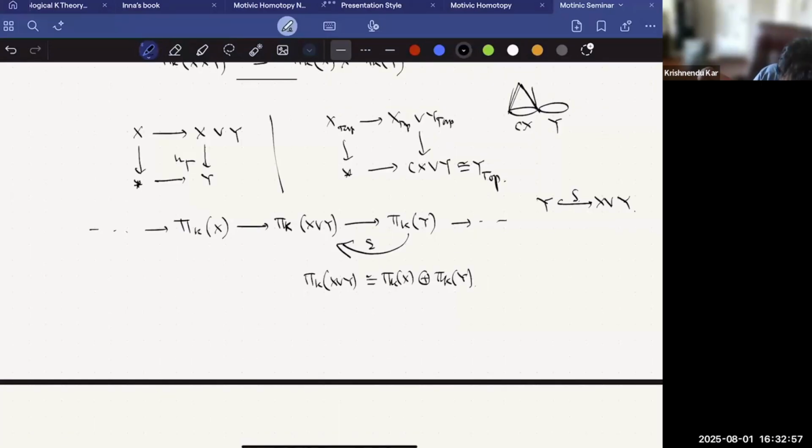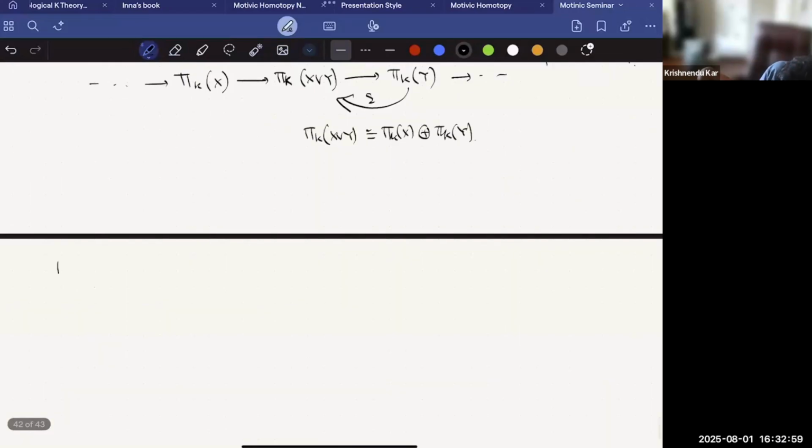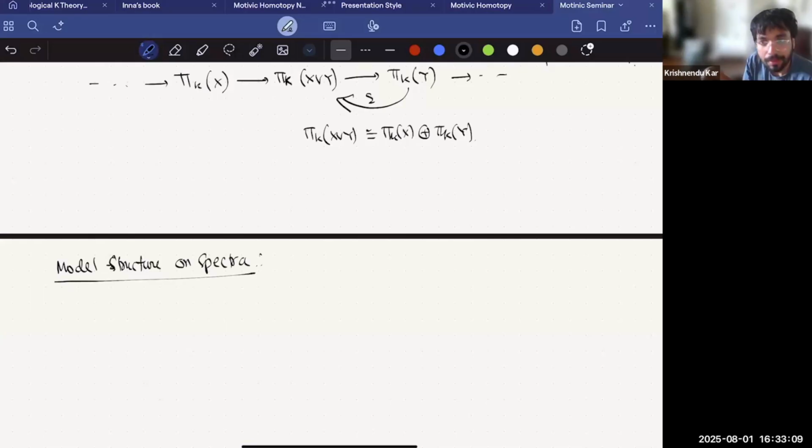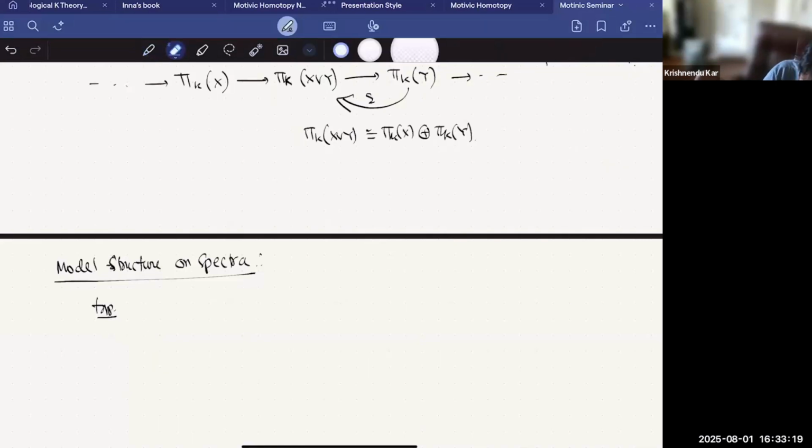And I will end this by giving you the model structure of spectra. So recall how we give a model structure in topological spaces. Let's start with the fibrations.